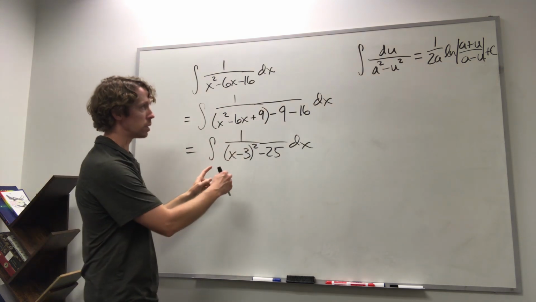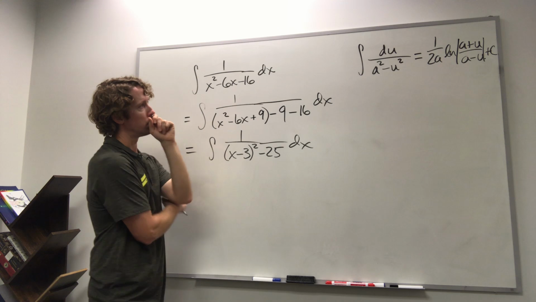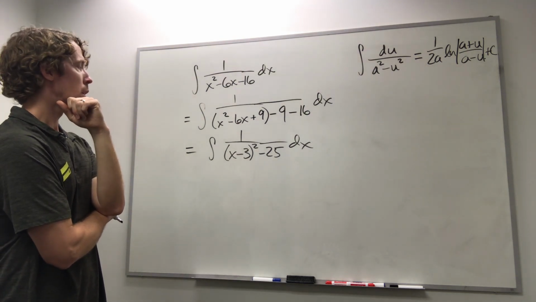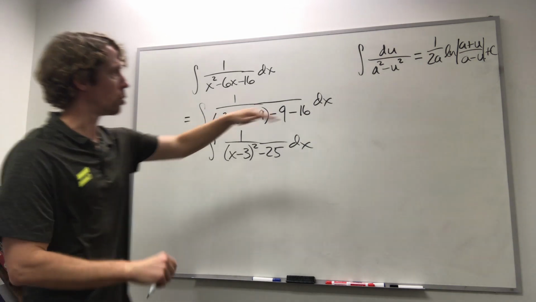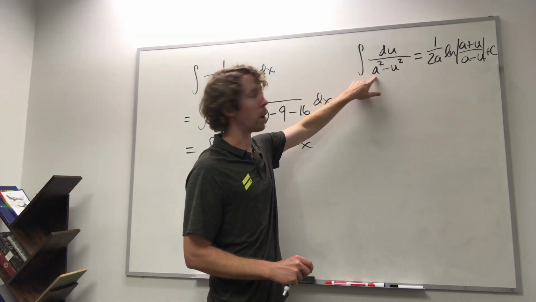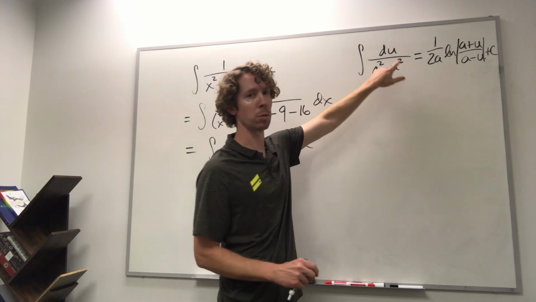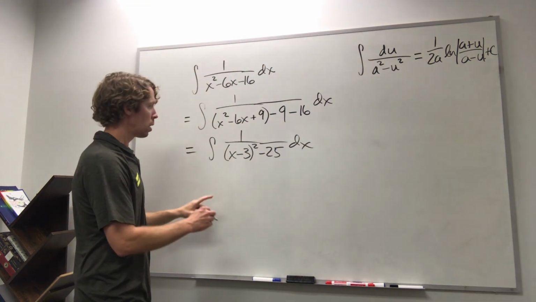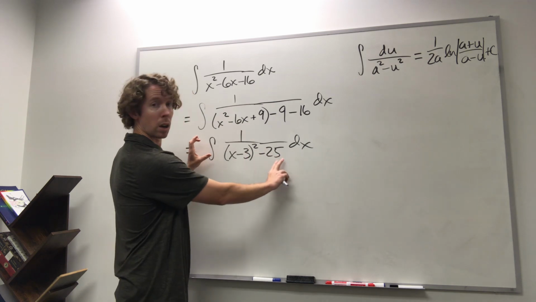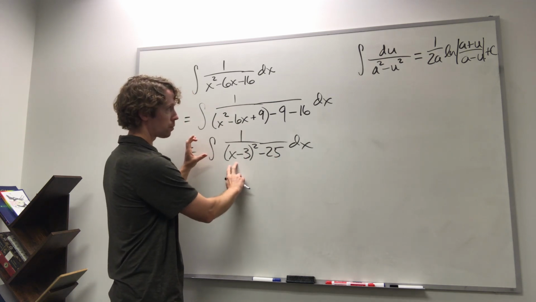So for us, I can see that the way this is set up, I need a constant squared minus a variable squared in the denominator. So I'm going to factor out a negative so that the constant moves over here to the left.